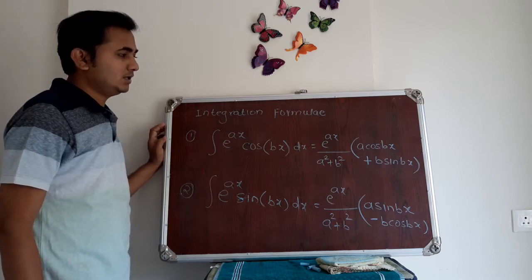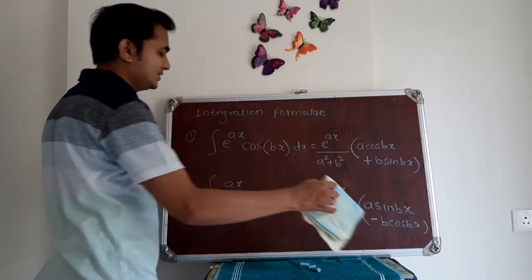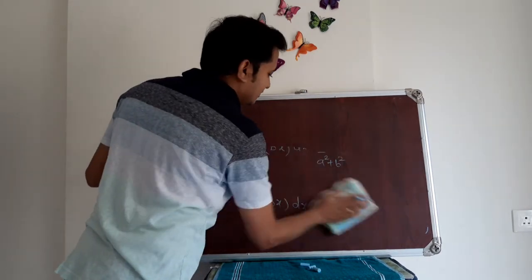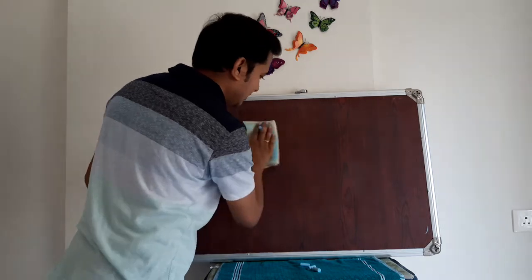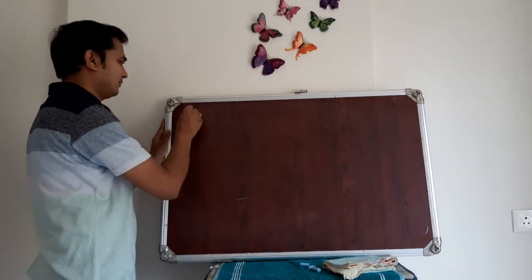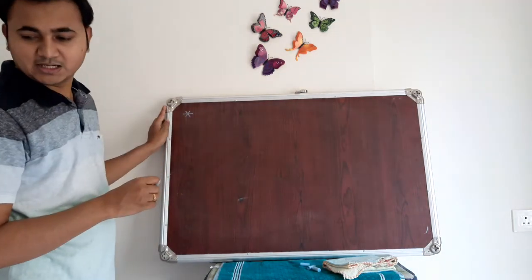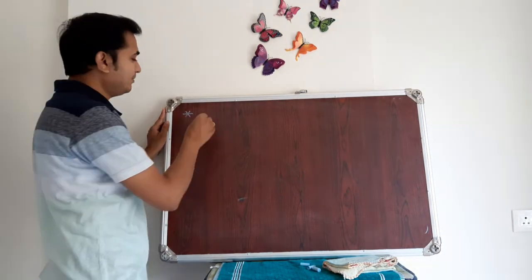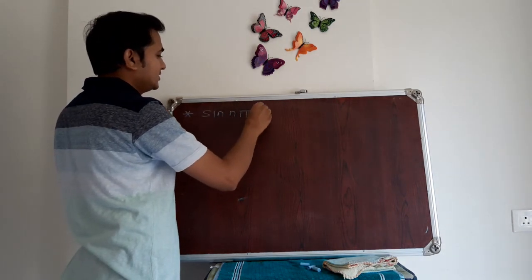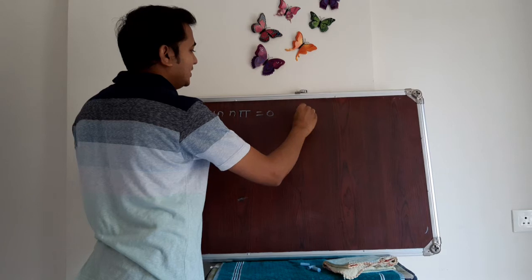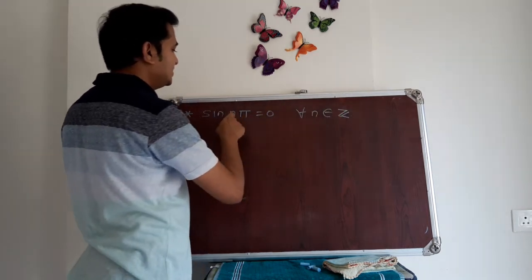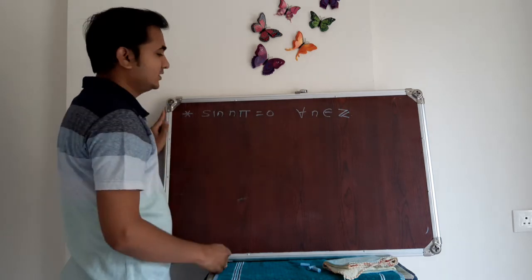Then some trigonometric values for certain angles. So in that, cos n pi, sin n pi is 0 for all n belongs to Z. For any integer n, this is 0.